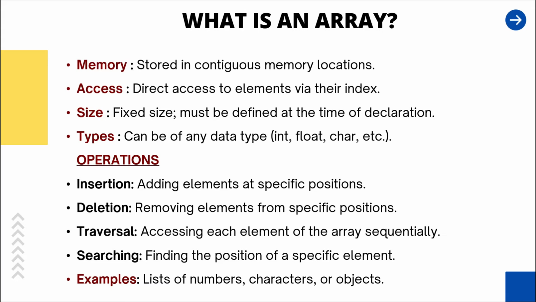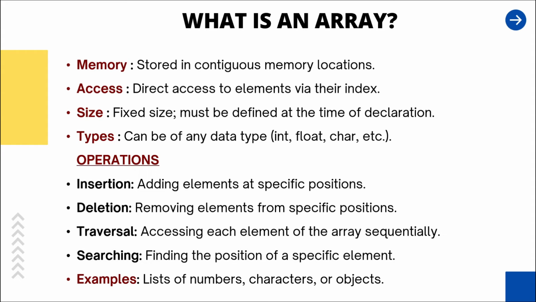When we talk about array operations, there are mainly four operations. They are insertion, deletion, traversal and searching. Insertion means adding elements at specific positions. Deletion is removing elements from specific positions. Traversal is accessing each element of the array sequentially. Searching is finding the position of a specific element.